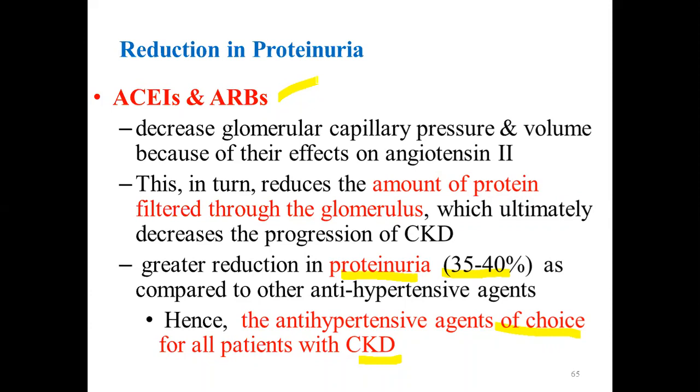So far, there is no evidence to use ACE inhibitors and ARBs in end-stage renal disease. That is why we need to use other medication. Mostly calcium channel blockers are used for managing hypertension in advanced stages of renal disease. But for stages 1 to 4, we can use ACE inhibitors.